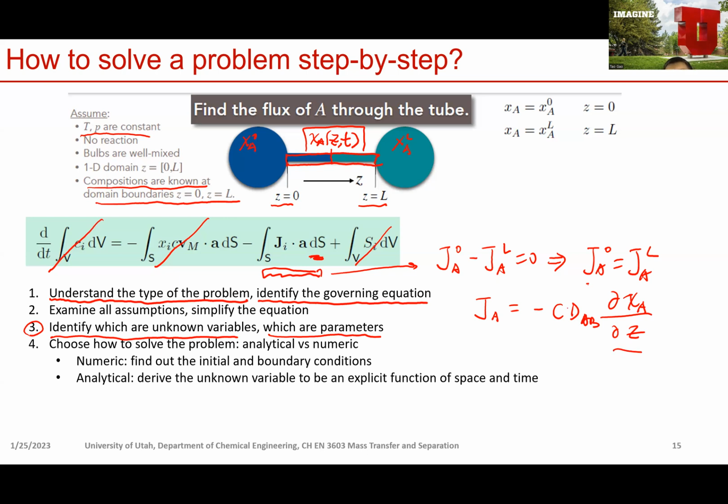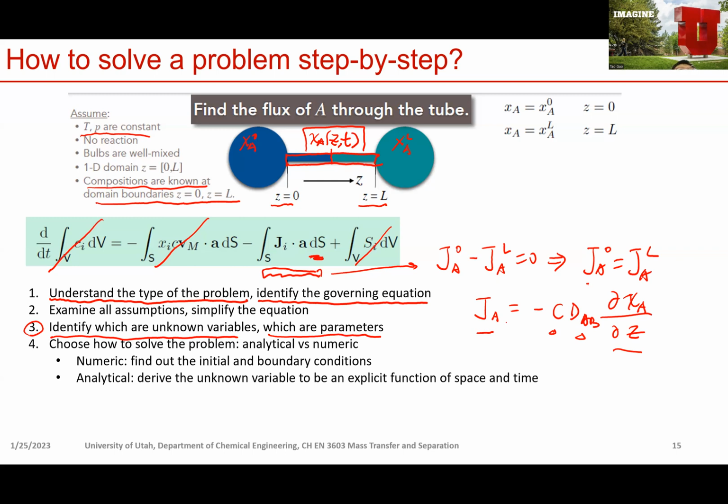And C and D_AB. D_AB we typically say is a constant. It's not an unknown; it's usually known. C is a concentration, and typically it's known. Then we have J. J here is a constant, but it's an unknown constant, right?